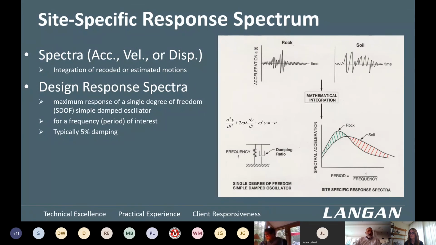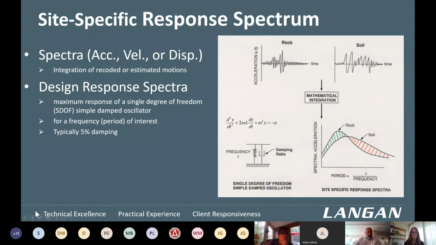Then we look at different stiffnesses of this oscillator. We characterize this by the natural period of the oscillator: the shorter periods are stiffer oscillators or stiffer structures, and the longer periods are more flexible and perhaps taller structures.